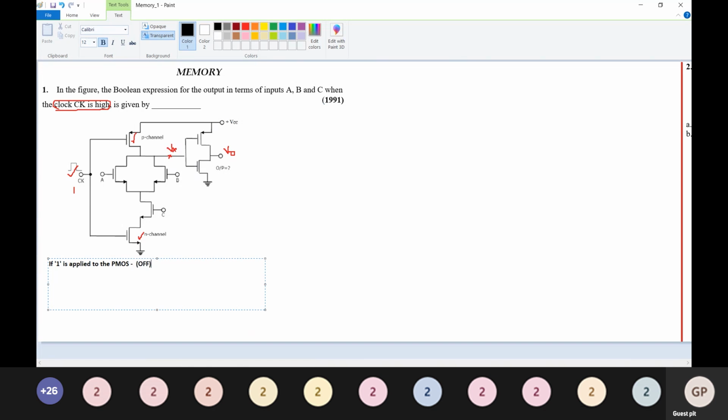Okay, it becomes off, that means it acts as an open circuit. Fine. Next, similarly, if the same one is applied to the NMOS, what happens?